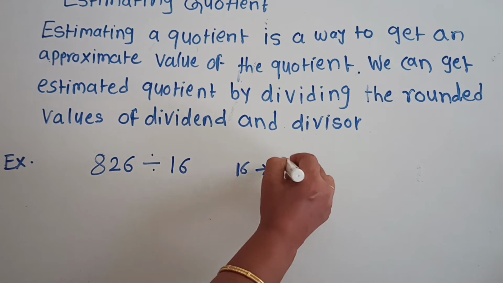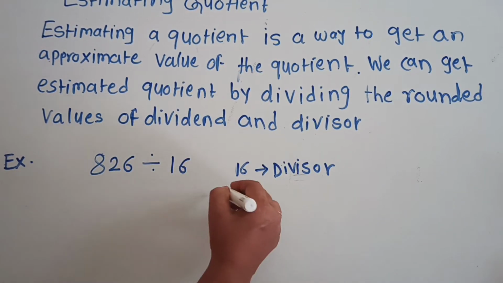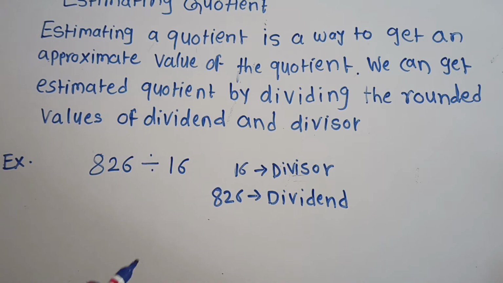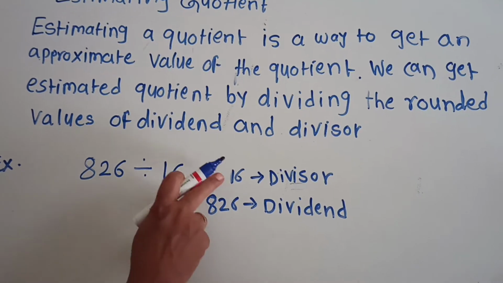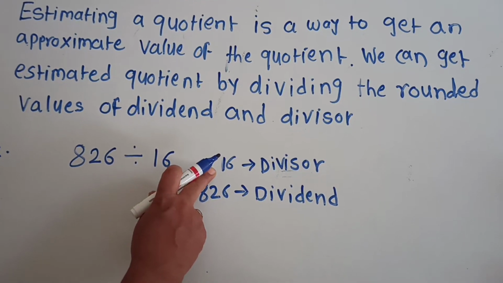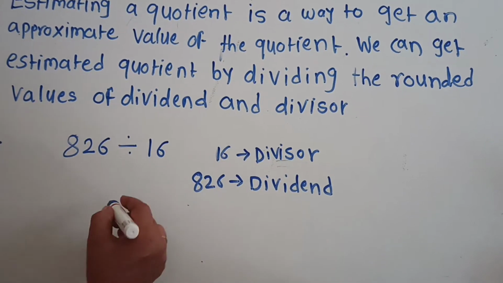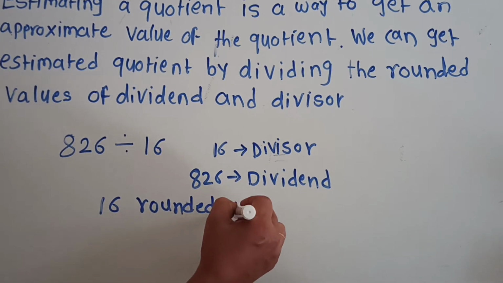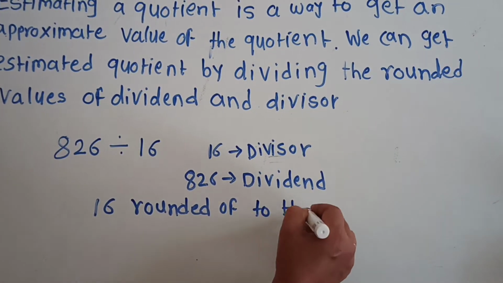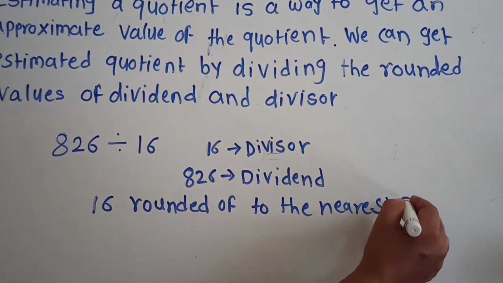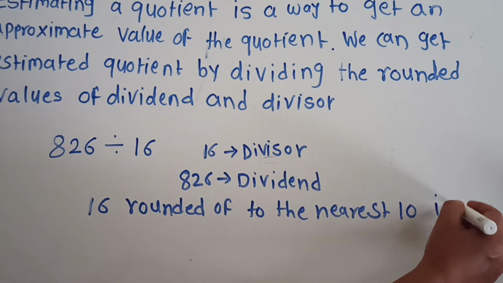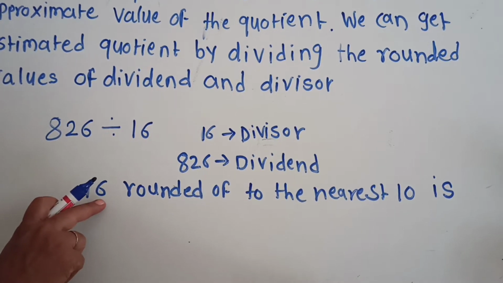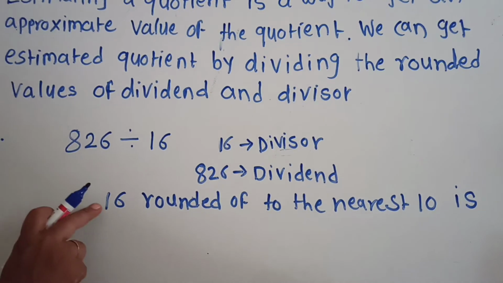16 is the divisor, 826 is the dividend. So we have to round the divisor to the nearest 10. 16 rounded off to the nearest 10: see here, the ones place number is more than 5, so we have to add 1 in the tens place.